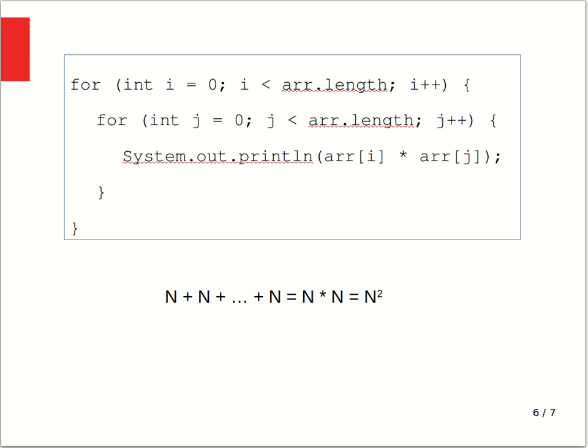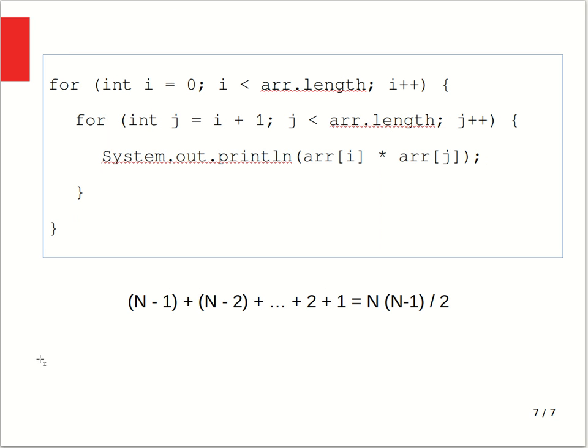So now let's look at one piece of code where I have made some very small changes. The outer loop is still the same. i goes from 0 to the length of the array. But the inner loop's beginning index has changed from 0 to i plus 1, and it still ends with the length of the array.